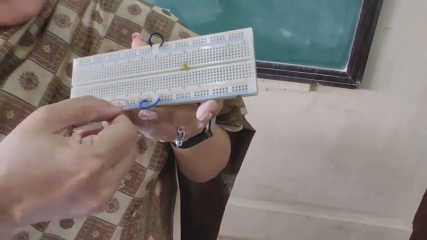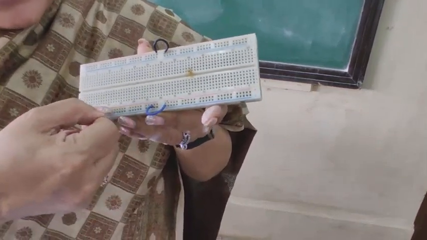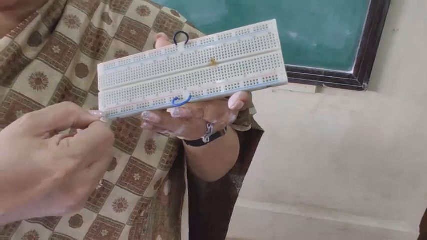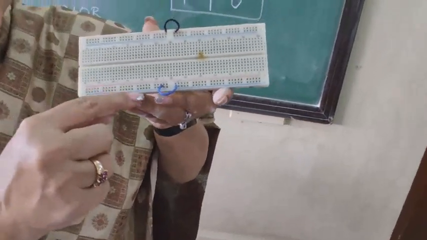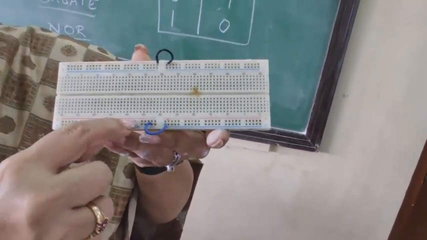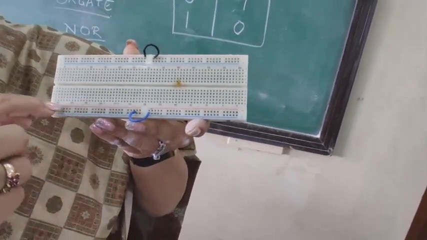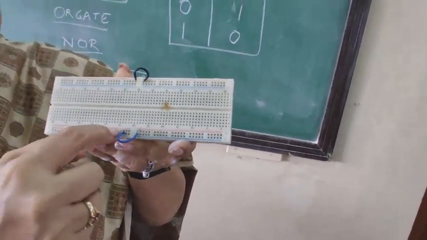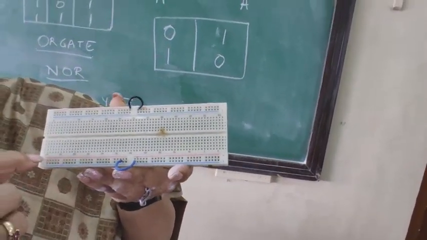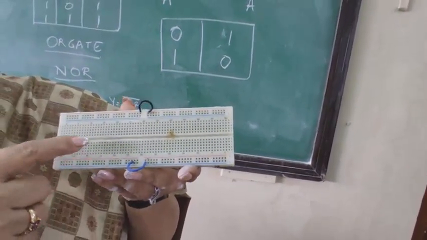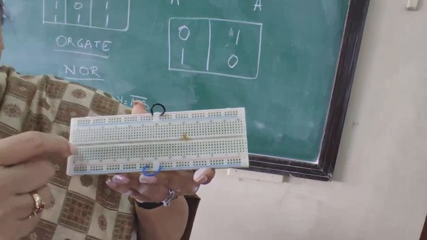So how does this work? One line is completely connected in the horizontal direction. Just look at this part: first row, second row. In the first row, all the slots are interconnected. In the second row also, all the slots are interconnected. In this broad patch, they are vertically connected.